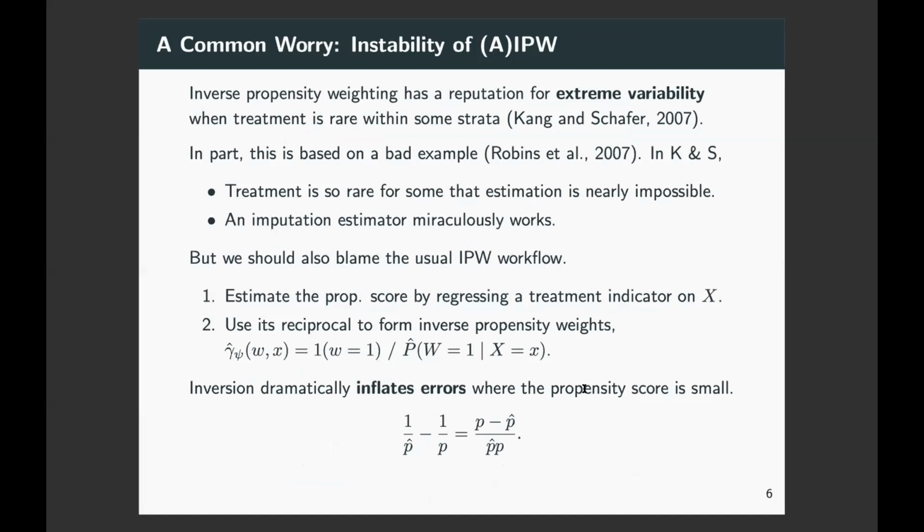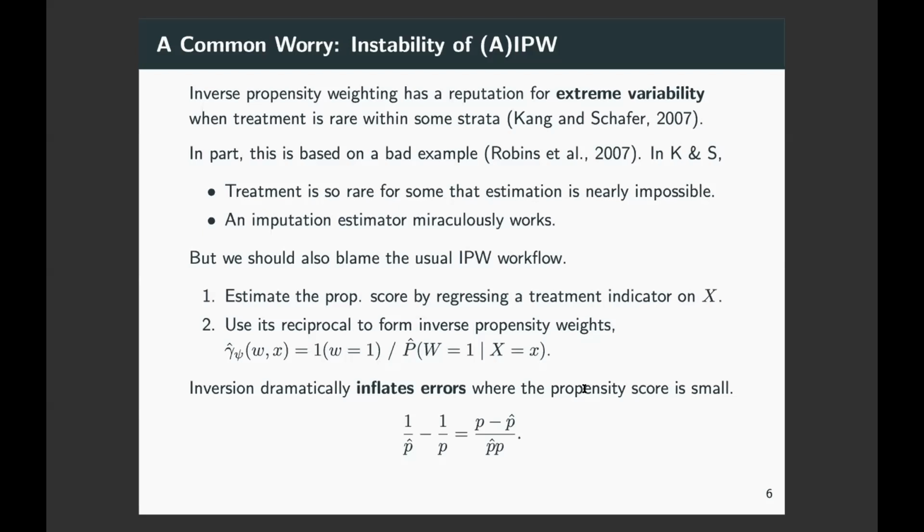But in part, this is misleading because it's a bad example, and Robins and co-authors had a really nice commentary on this point. In summary, in the Kang and Schafer study, treatment is so rare for some units that estimation of a treatment effect or treatment-specific mean is nearly impossible.